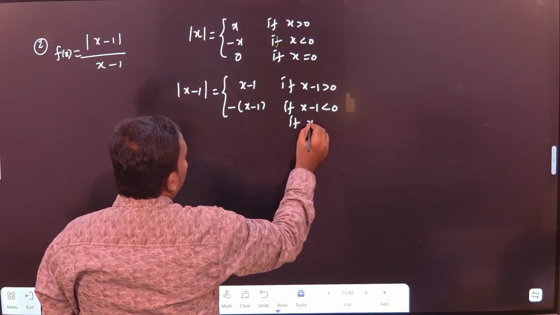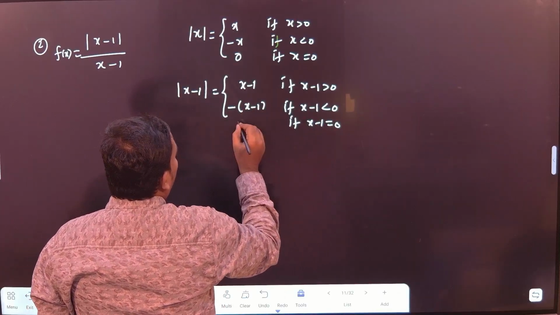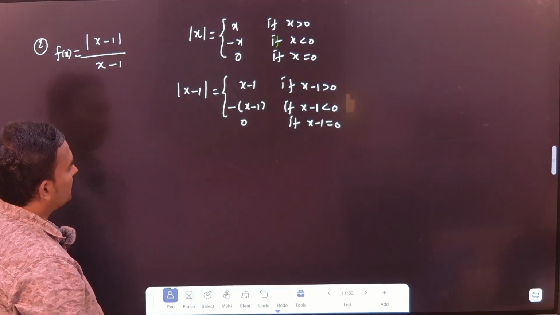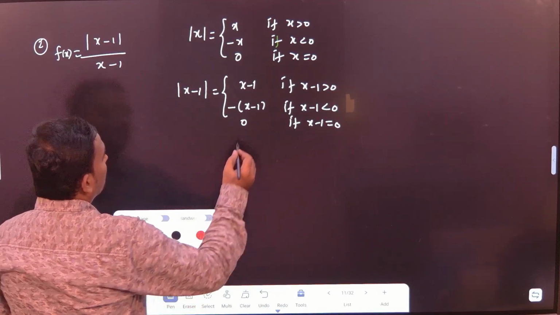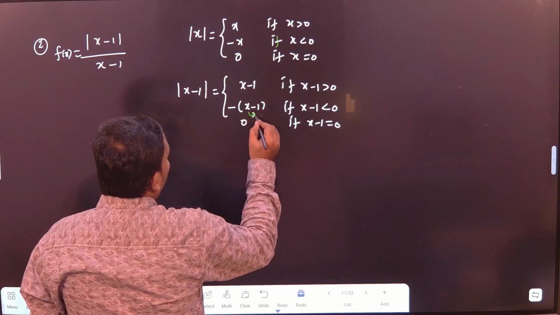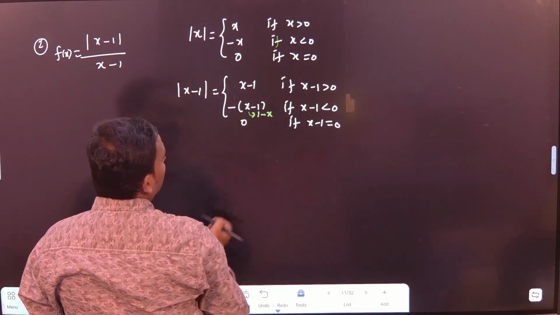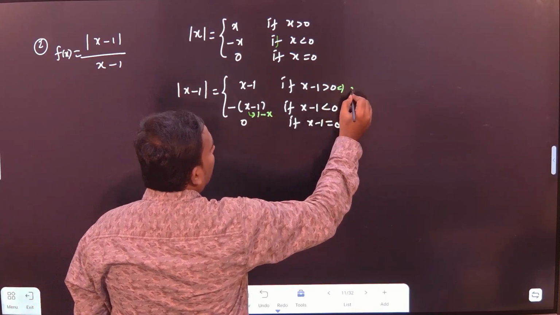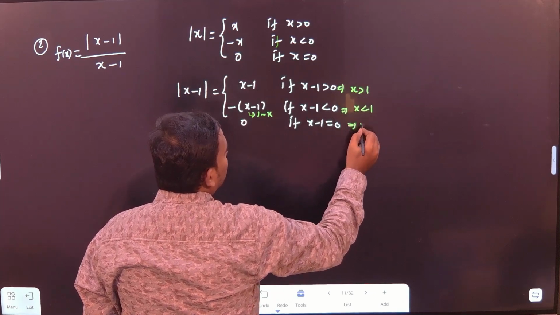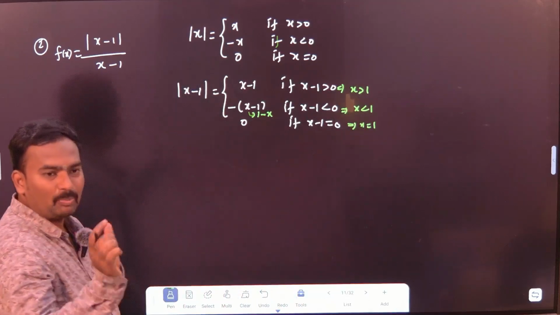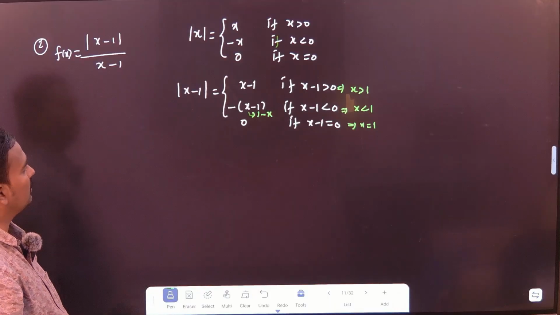If x minus 1 equal to 0, 0. So equivalently, how to write? This is equal to 1 minus x, right? This is how to write: for x greater than 1, x less than 1, and x equal to 1. So the breaking point here is at 1, right?